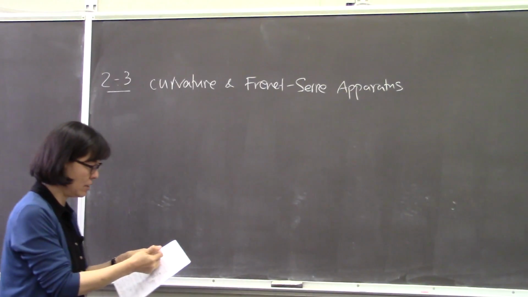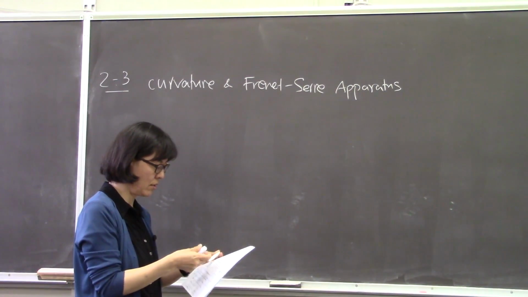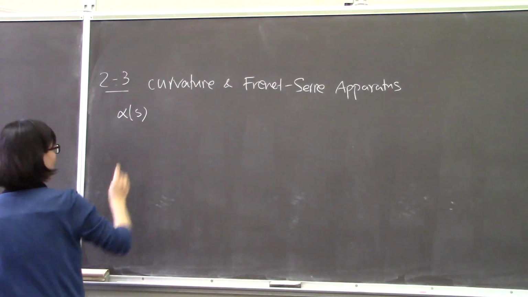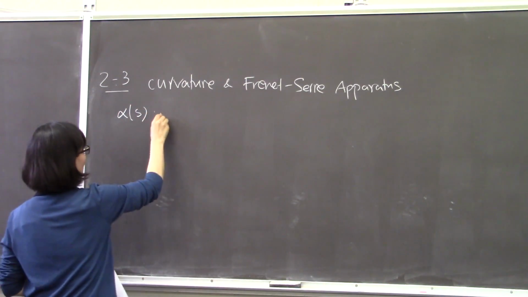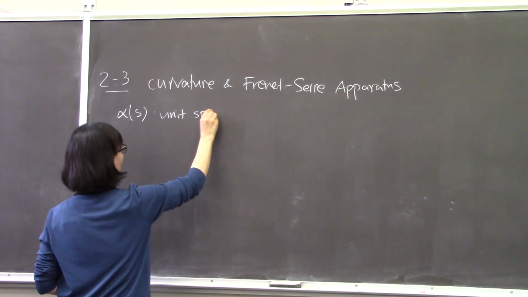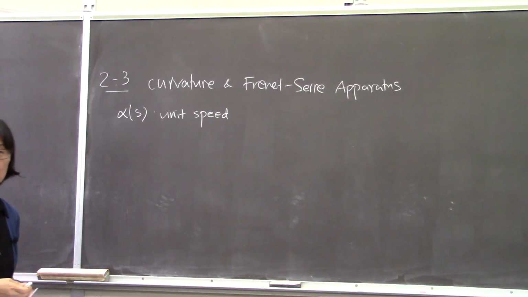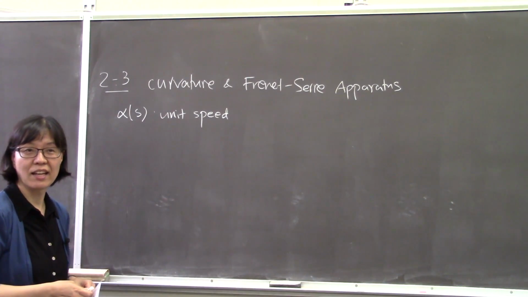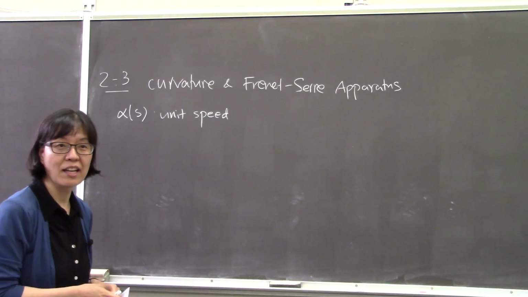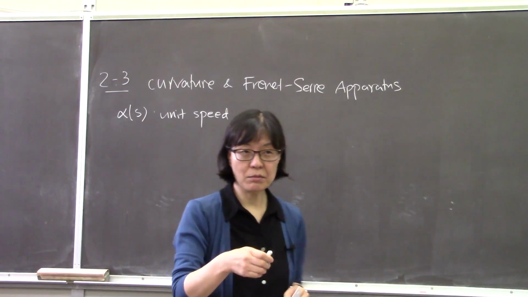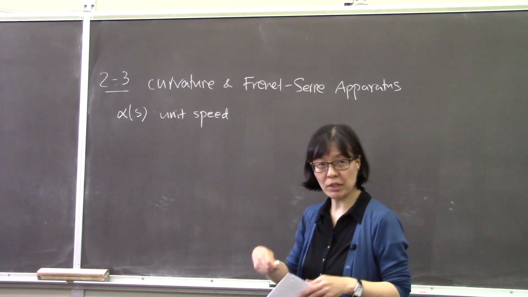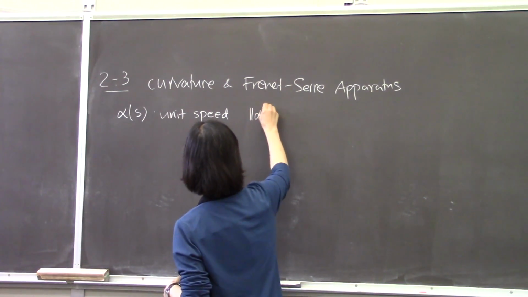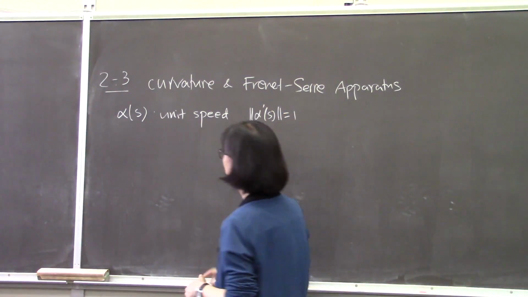So here, actually, alpha of S, that is unit speed. So everyone knows what that is. Unit speed, right? What is that? The magnitude of the derivative is 1, right? So that is 1.